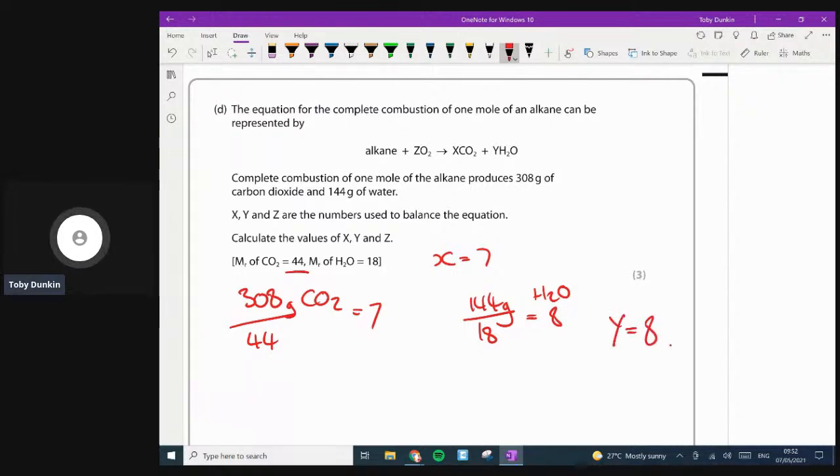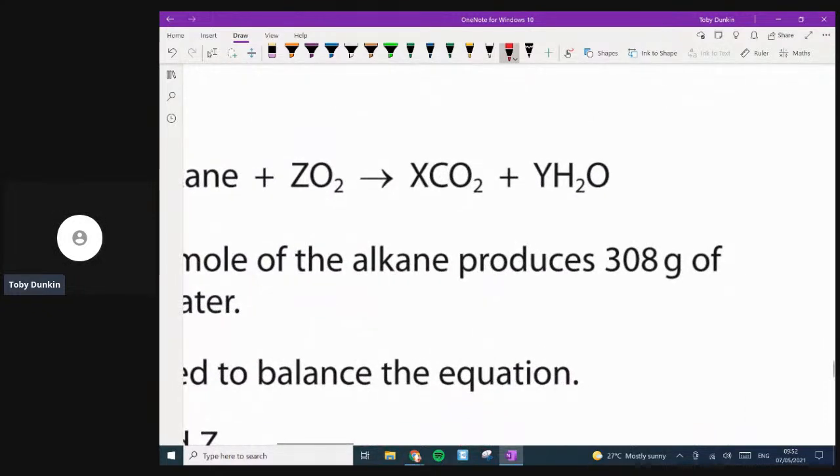Okay, now we need to figure out the oxygens. That one's a bit cleverer, because what we need to realize is that for every 1 CO2, we have 2 oxygens, and for every water, we have 1 oxygen. So this one's 2 and this one's 1.